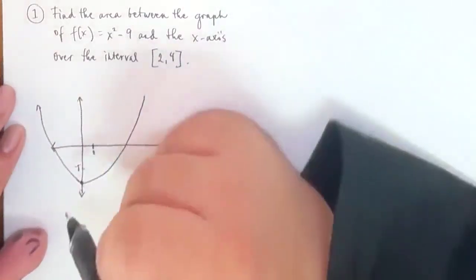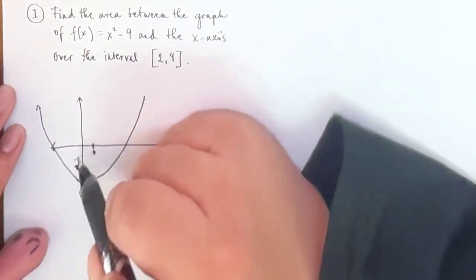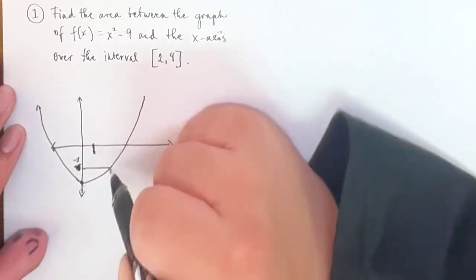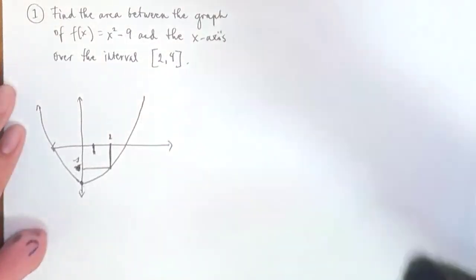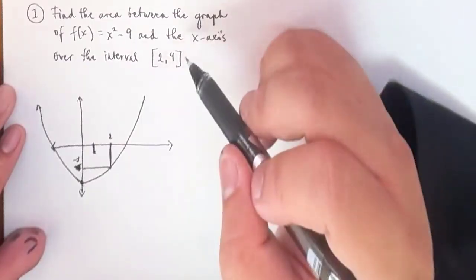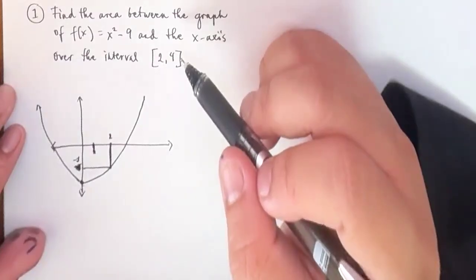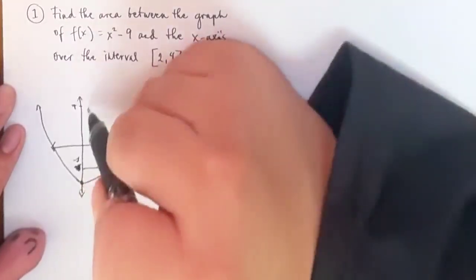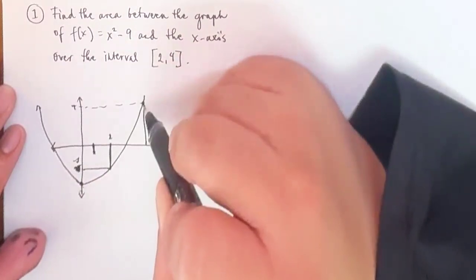Then 4, where is 4? 4 squared minus 9, that's equal to 16 minus 9, that's 7. So somewhere here, like that.